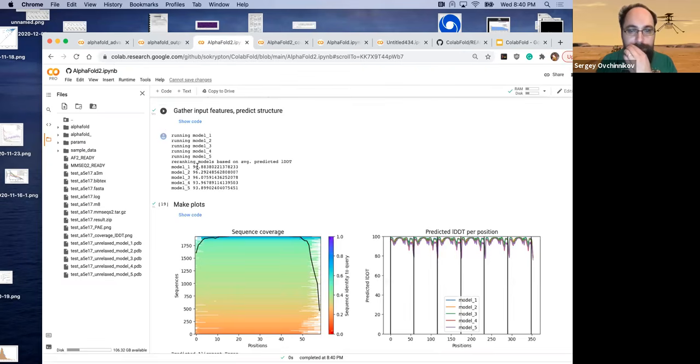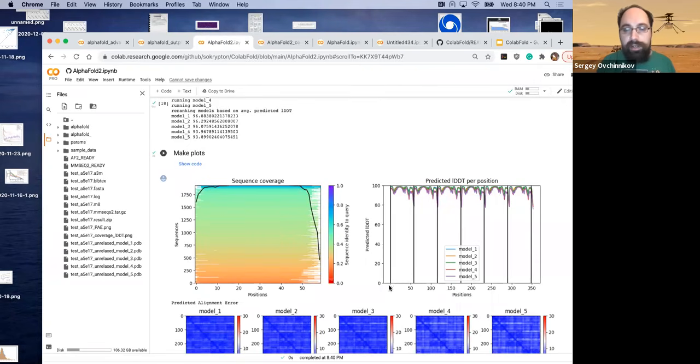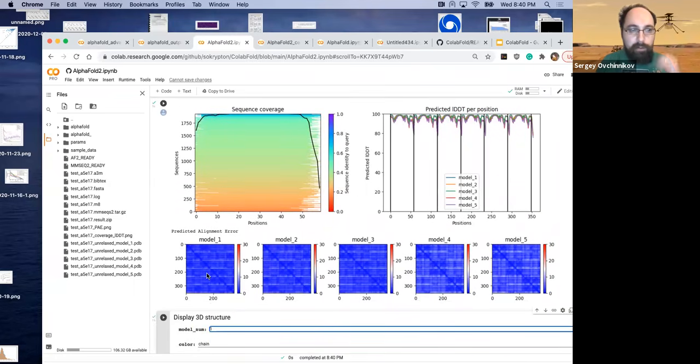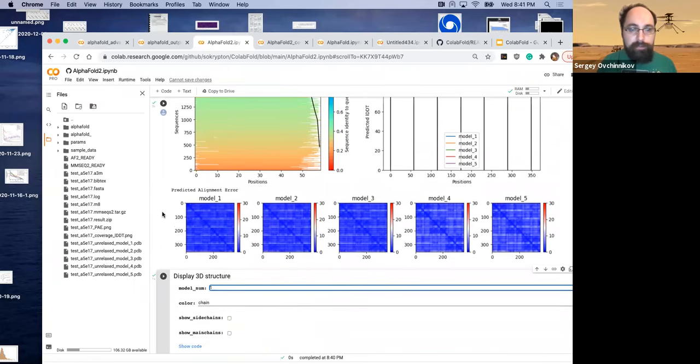One thing I should stress is that it's important to look at the per position confidence, but this is also very important, especially if you want to know how confident it is about the domain, because it might be really confident about each domain but not confident about the interaction. This is true for both large multi-domain proteins and complexes. I think this metric will tell you how confident it is.